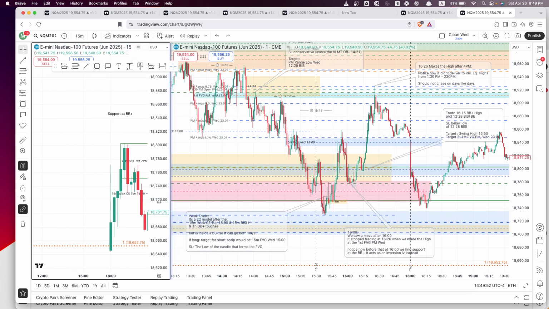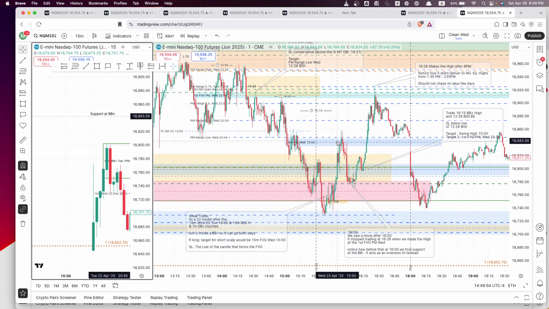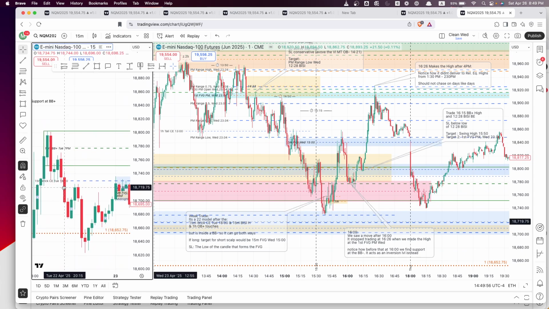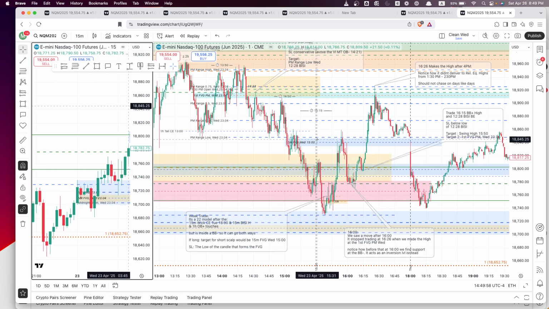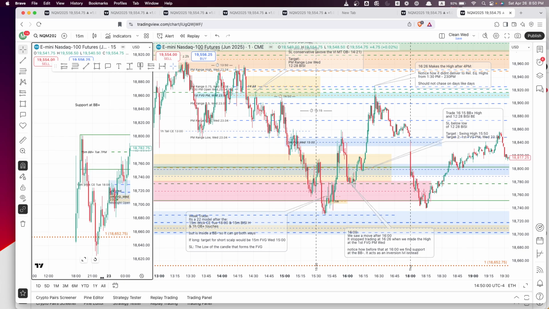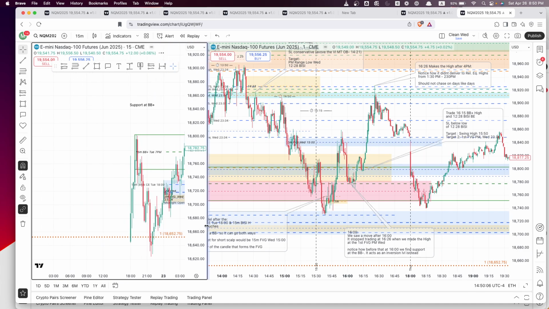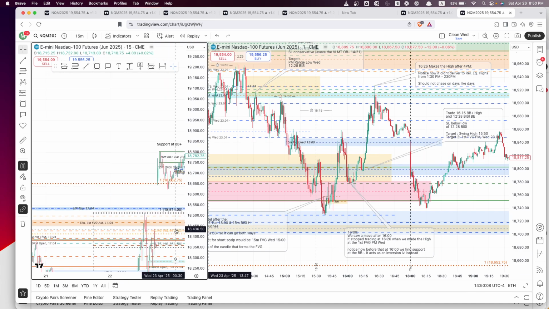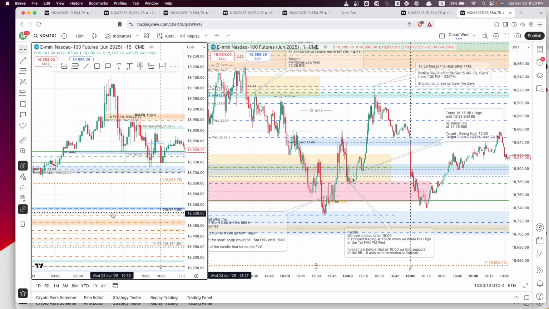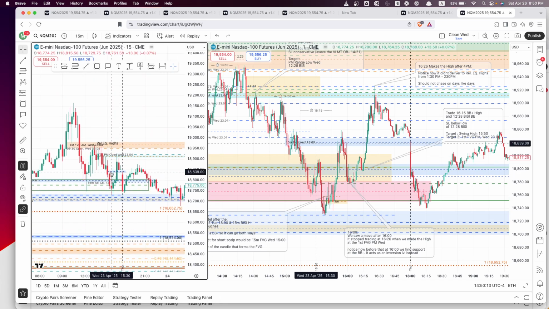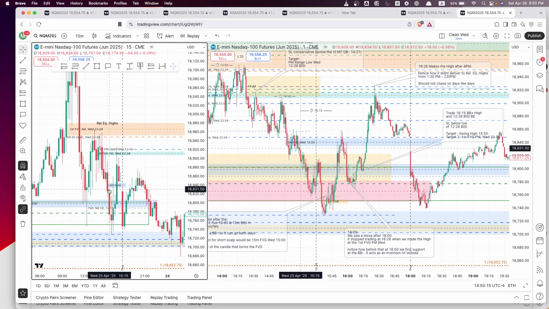So price is reversing over here. And it goes into this 15-minute fair value gap. So this was the trade after 3:30.